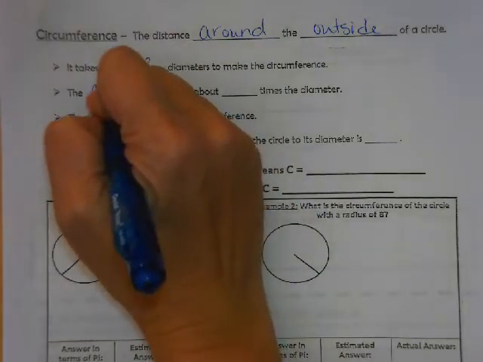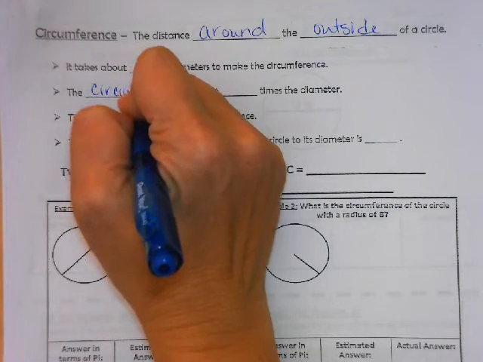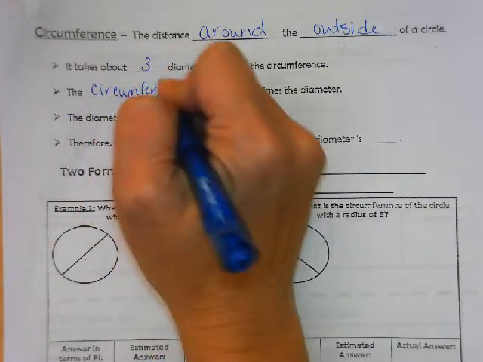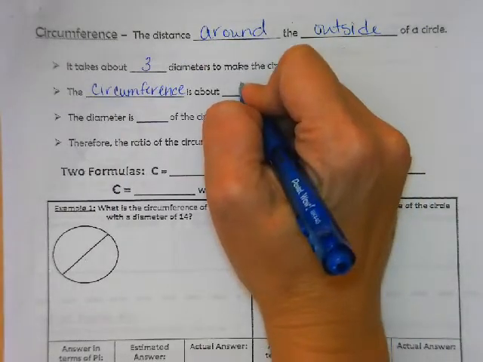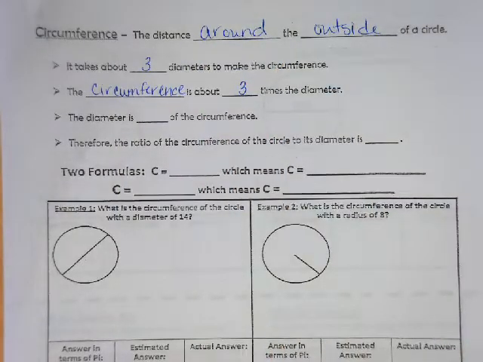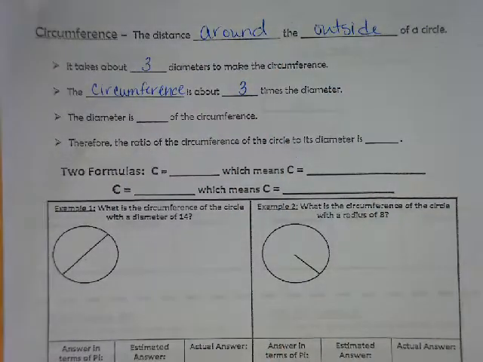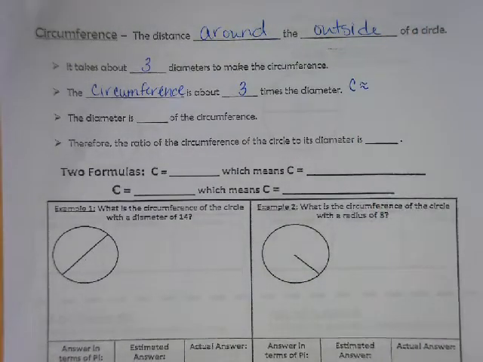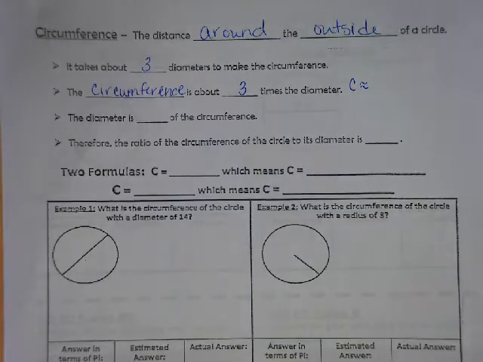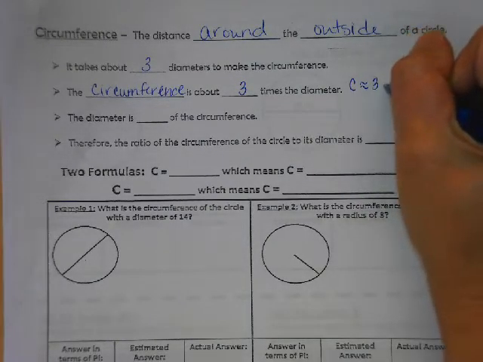So we can say the circumference is about 3 times the diameter. So we could even write that as C ≈ 3D. Notice I use the squiggle equals. That means about, right?